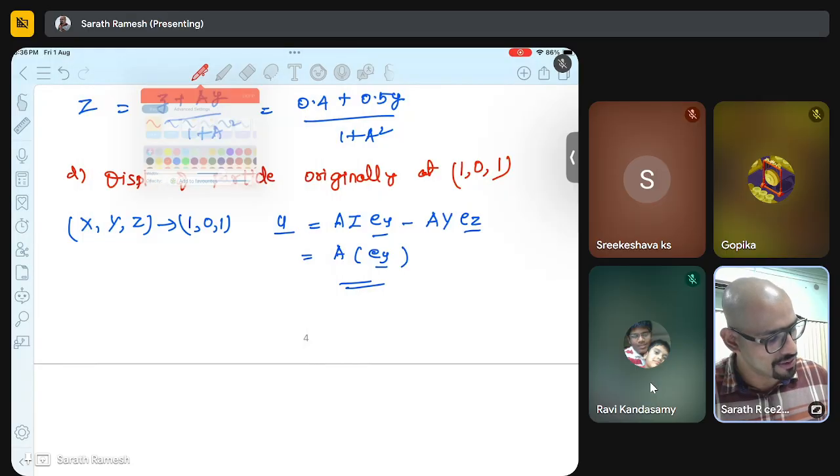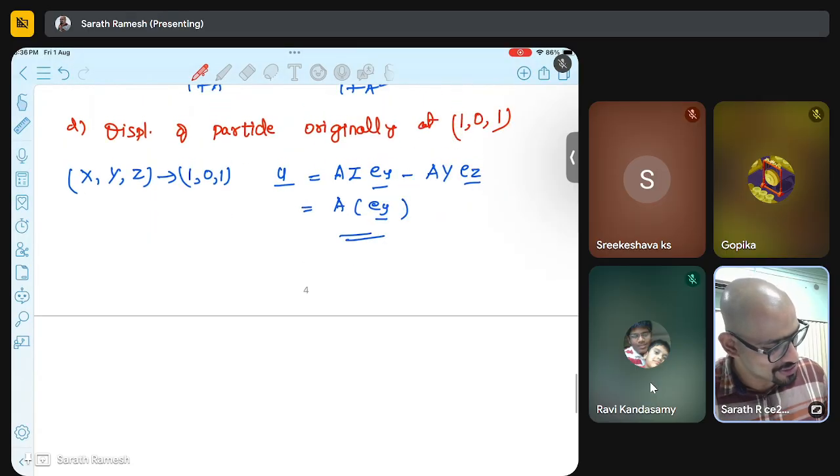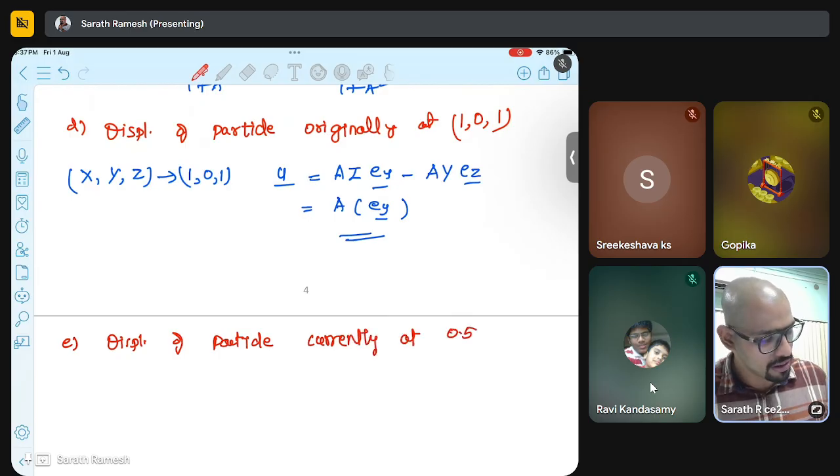Final question. You would have found out what would be the final question. Displacement of particle currently at 0.5 comma 0.5 comma 0.4.